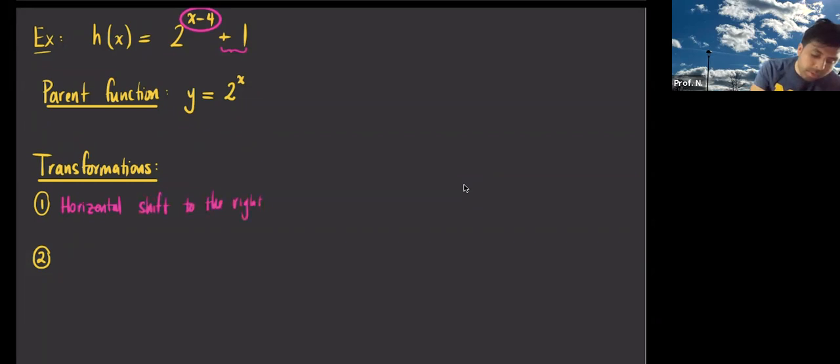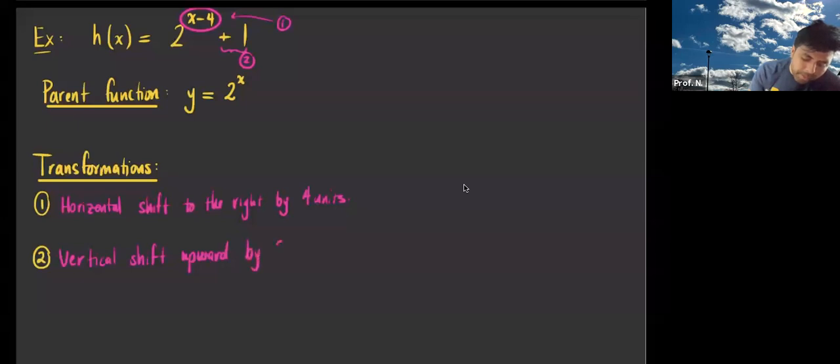So this is number 1 here, a horizontal shift to the right by 4 units. And number 2, I have a vertical shift upward by 1 unit.